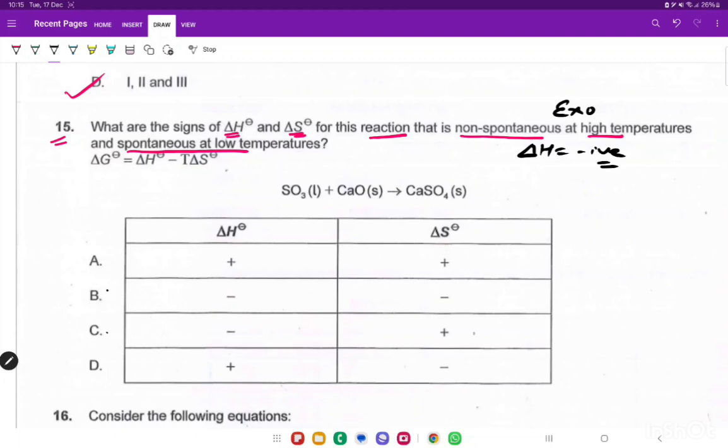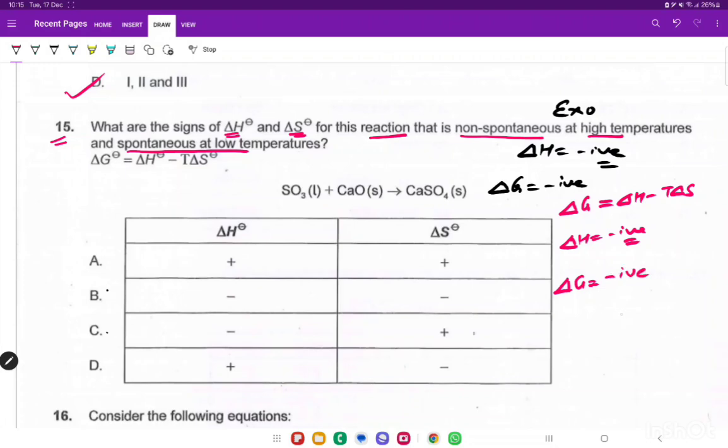Now the next thing is, in order for a reaction to be spontaneous, delta G should be negative, and we know delta G equals delta H minus T delta S. Delta H is negative because it is exothermic in nature.